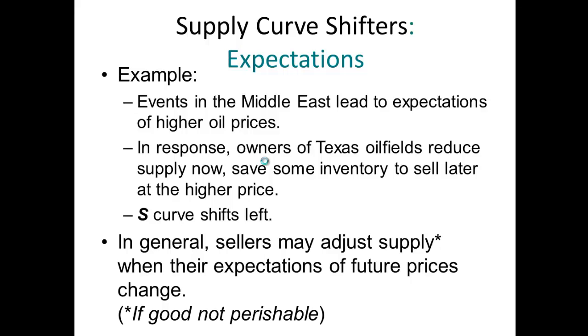And the last variable that causes the supply curve to shift is expectations. If the seller has some type of expectation about the future, that will affect the supply today. For example, if we expect a war to break out in the Middle East, then sellers of oil products and gas products would decrease their supply now, to hold a reserve so that they would have gas later on to overcome the shortage.